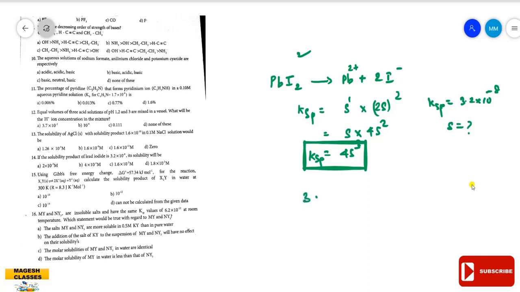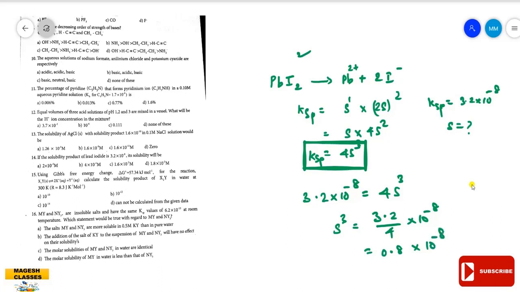Instead of Ksp, 3.2 into 10 power minus 8 is equal to 4 into S cube. 3.2 divided by 4 into 10 power minus 8. This will be 0.8 into 10 power minus 8 equals S cube. Here the question is S. So S is 0.8 into 10 power minus 8 whole power 1 by 3.